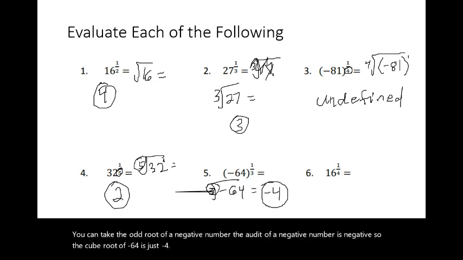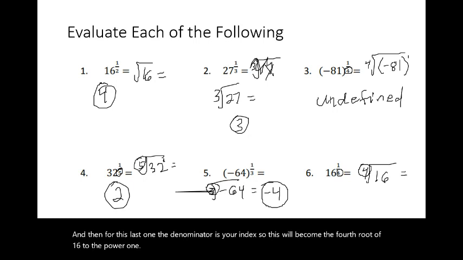And then for this last one, the denominator is your index, so this will become the 4th root of 16 to the power 1. For the 4th root of 16, what you are asking yourself is what number times itself 4 times gives us 16, which is 2.